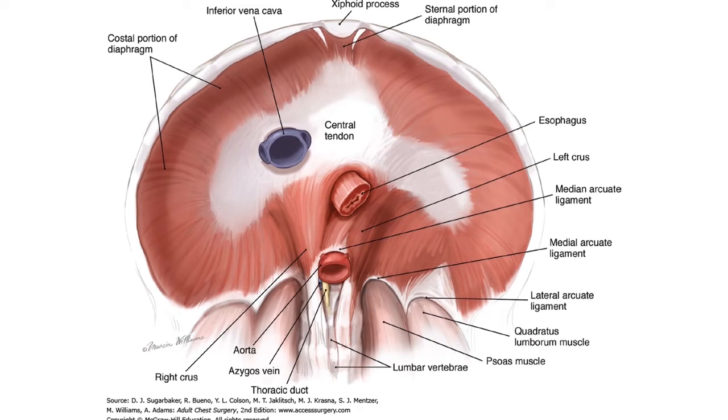And we can see that there are 3 holes. One on the right is for a big vein coming from the lower part of the body called the inferior vena cava, and in the center and in the upper part we can see an opening for the esophagus, and then lower down an opening for the aorta.